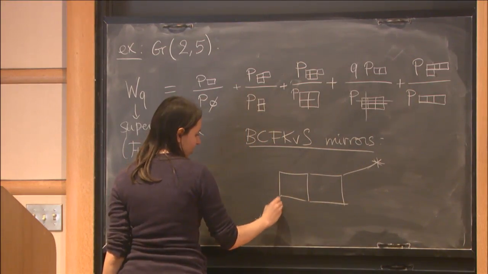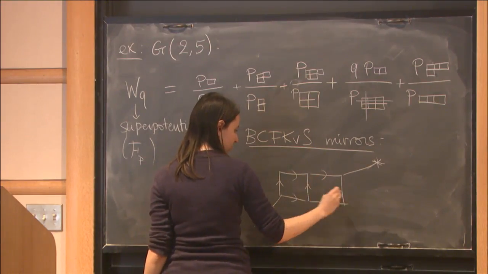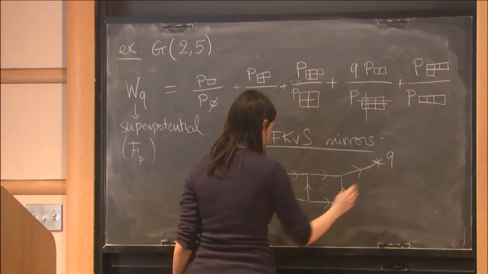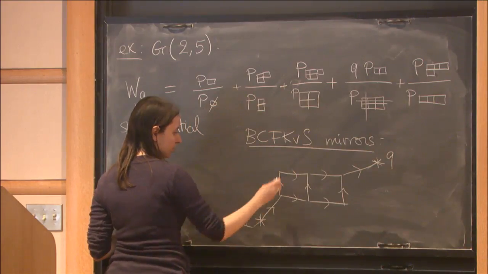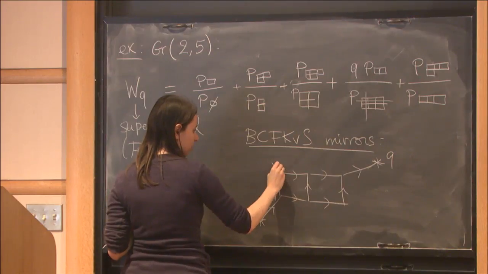These are toric mirrors, so you put some coefficients, 1, q, and here toric coordinates, so I don't know, 1, 1.